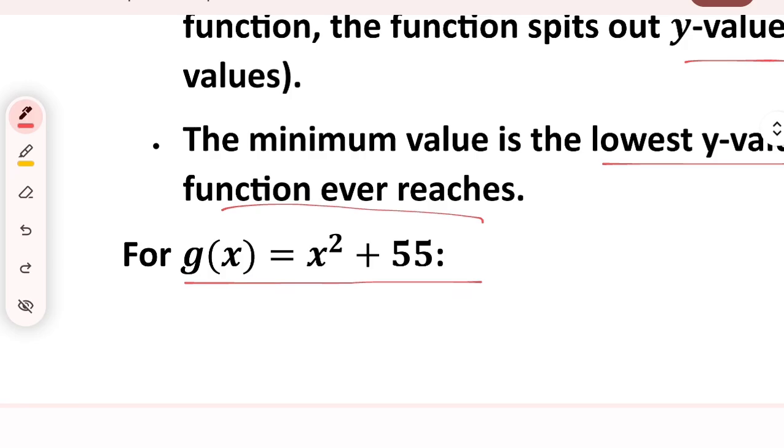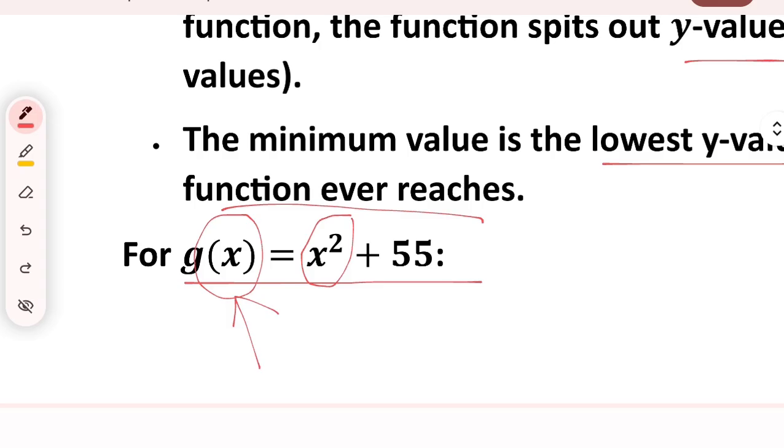That means there must be a value of x such that when I replace x with it, it would give me g of x. So if I put a value of x here, it would give me a value of the y, or the function g of x. But the question is, is that value of the y the minimum?